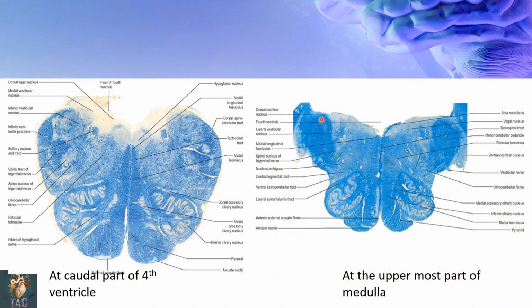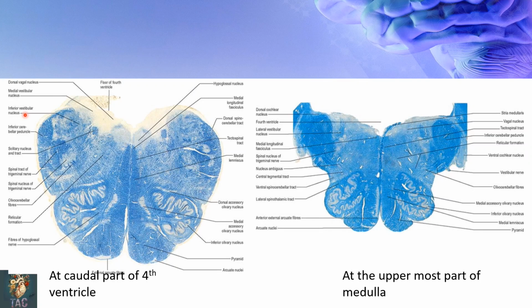Over here you can see the dorsal cochlear nucleus, and it is also replaced by the lateral vestibular nucleus complex, which replaces the inferior vestibular nucleus.